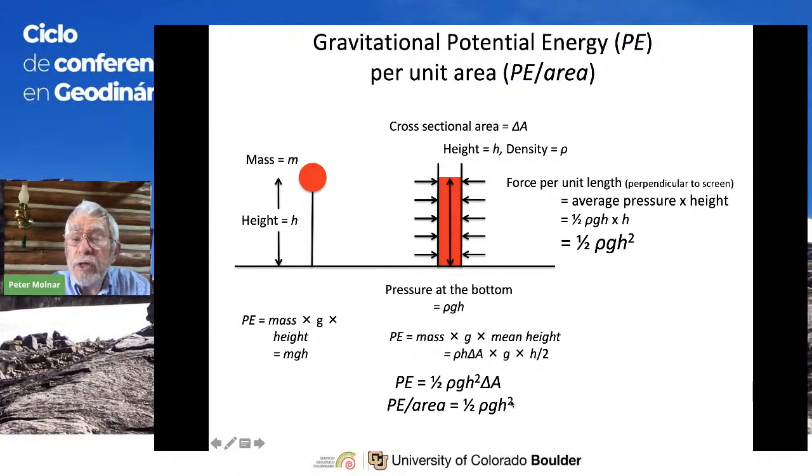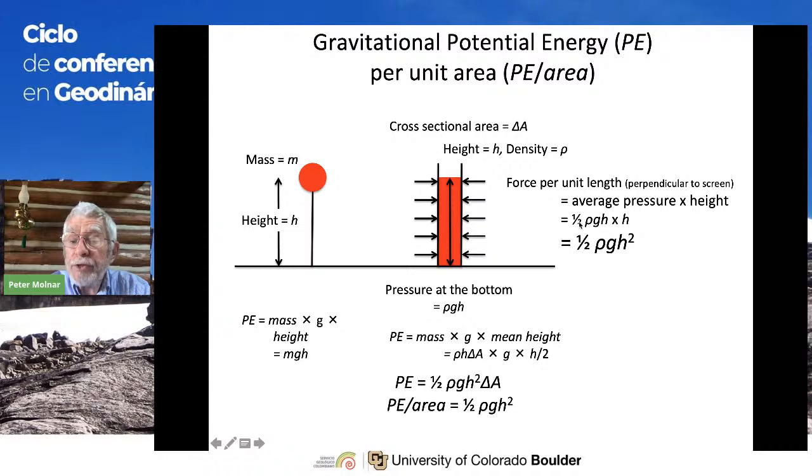Now, if we look at this in a different way, let's let this red area be a fluid, and we calculate the force per unit length, per length coming out of the screen, coming towards you or going away from you. The force per unit length that the fluid in here, this red fluid, applies to the walls of the fluid is the average pressure times the height.